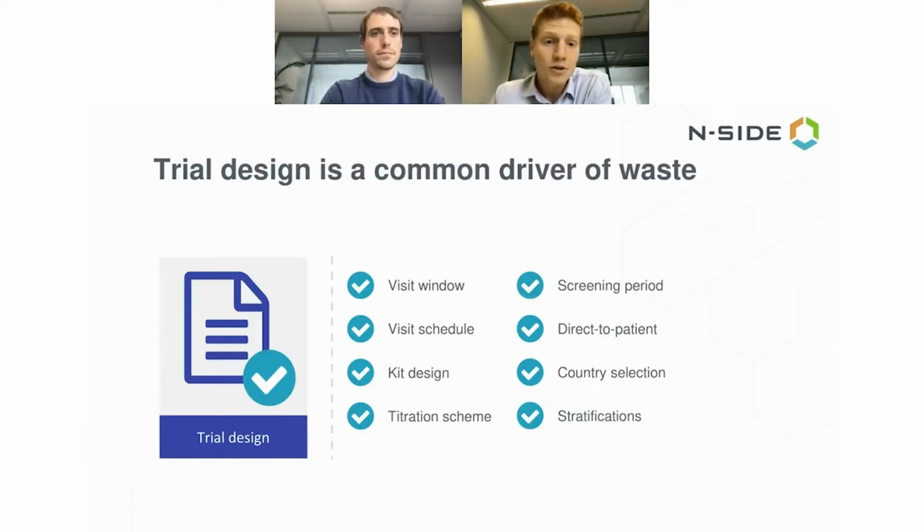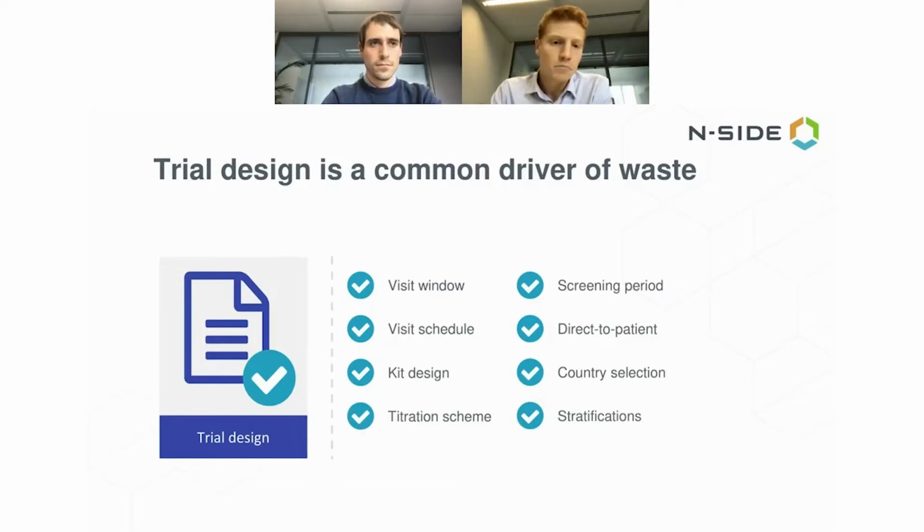So indeed, as Antoine just mentioned, the trial design and the supply chain design are two main sources of waste in clinical trials. And if we first start to focus on trial design, as you can see on the slide, we have made a list of decisions that are taken at trial design phase. And in fact, most of the time, the waste due to trial design comes from a misunderstanding of how important these decisions are for the waste.